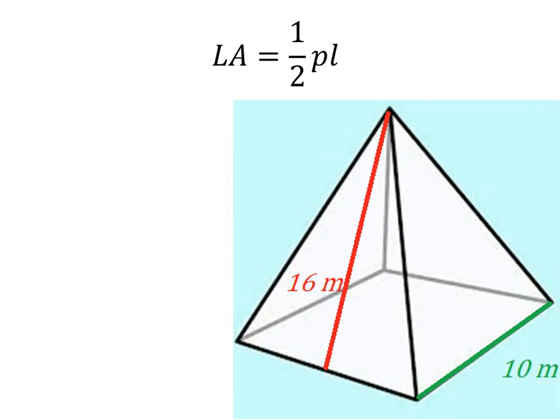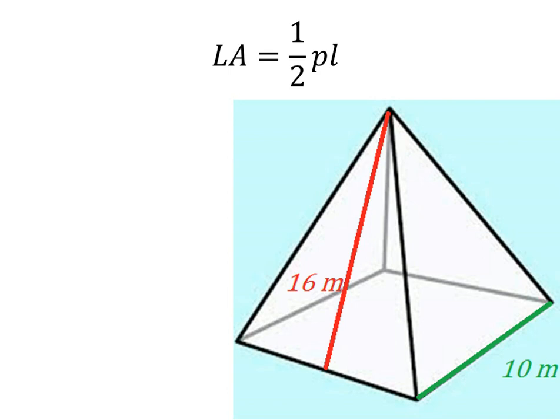All right, so in this example, we want to find the lateral area, so the area of the triangles, that is equal to 1/2 PL. We have 16 as our lateral height and 10 as our base for each side of this square. This is using the area of the triangle: we're finding the area of the triangle and multiplying it by the number of sides.